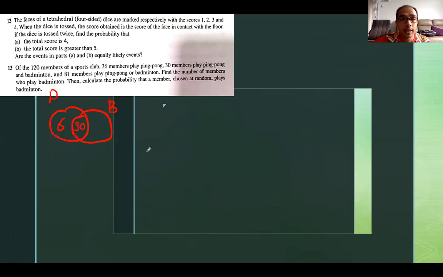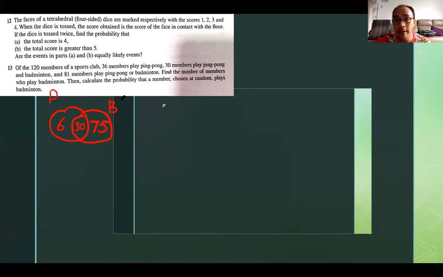No, not 51. 81 minus 6 is 75. Oh yeah, correct, 75. Find the members who play badminton, which is 75.